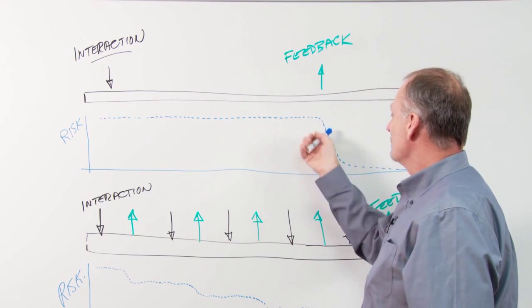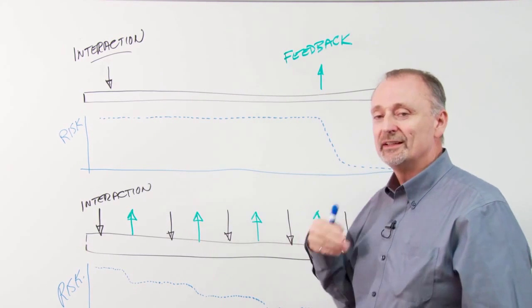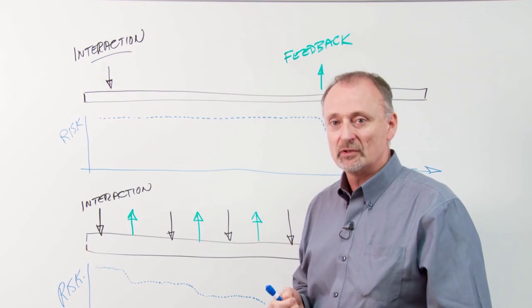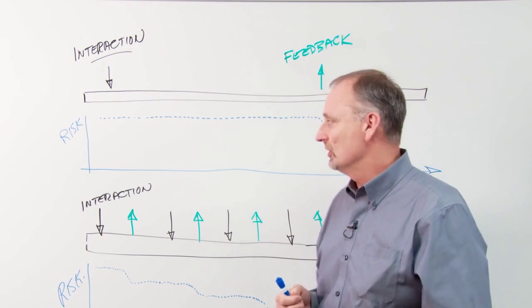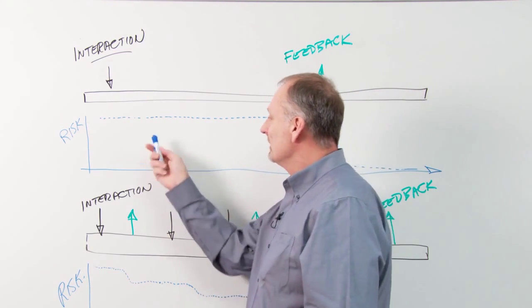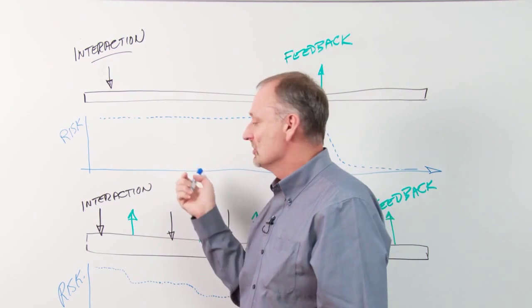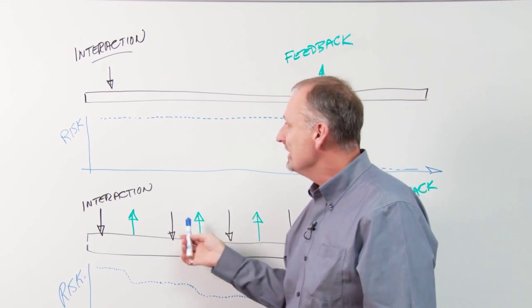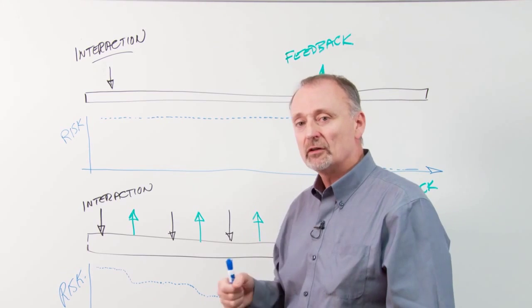But once we make those adjustments, we're closer in true alignment with what that business actually needs in terms of a software application and what we're delivering to them. That was really the impetus, or one of the main impetuses, for Agile coming onto the scene, which is to provide a way to get that valuable feedback earlier.